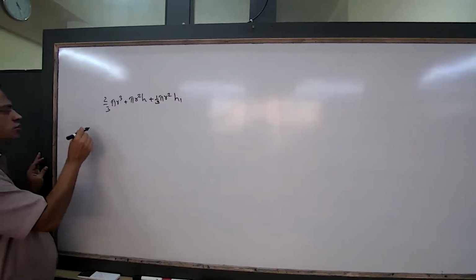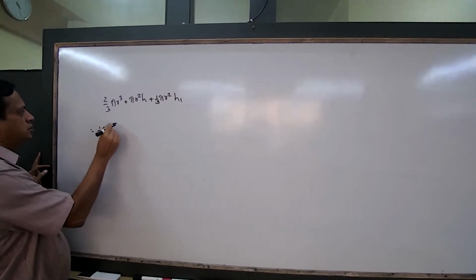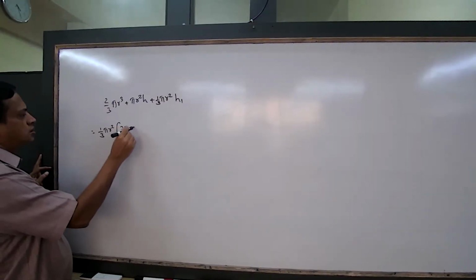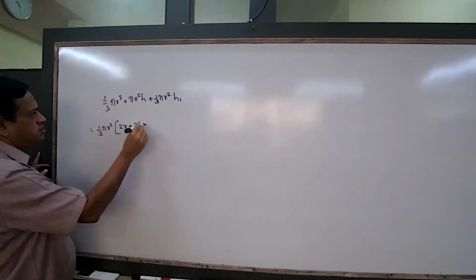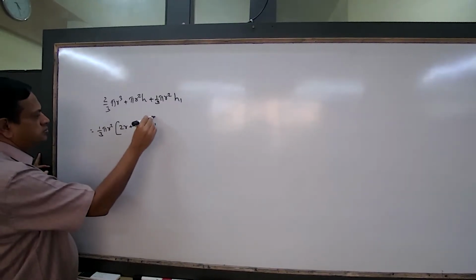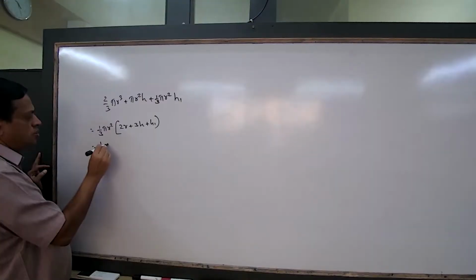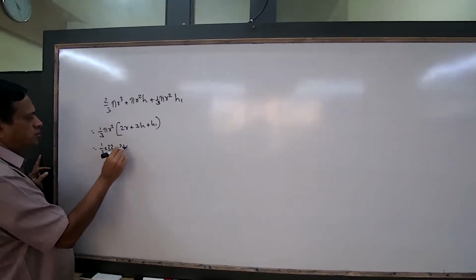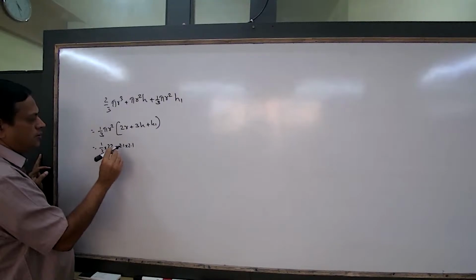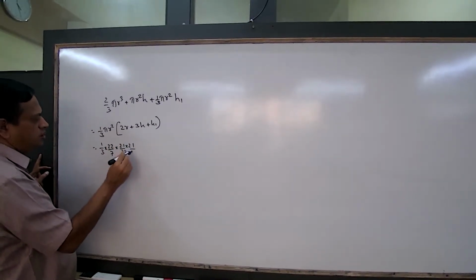What did you take common? 1 by 3 pi r square. Then this is coming 2r plus 3h plus h1. Yes or no? 1 by 3 into 22 by 7, into 2.1 into 2.1, that is 21 by 10 into 21 by 10.